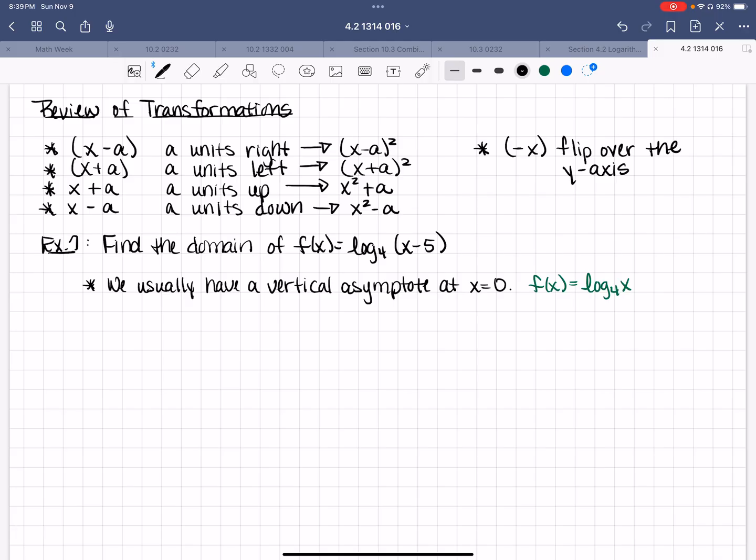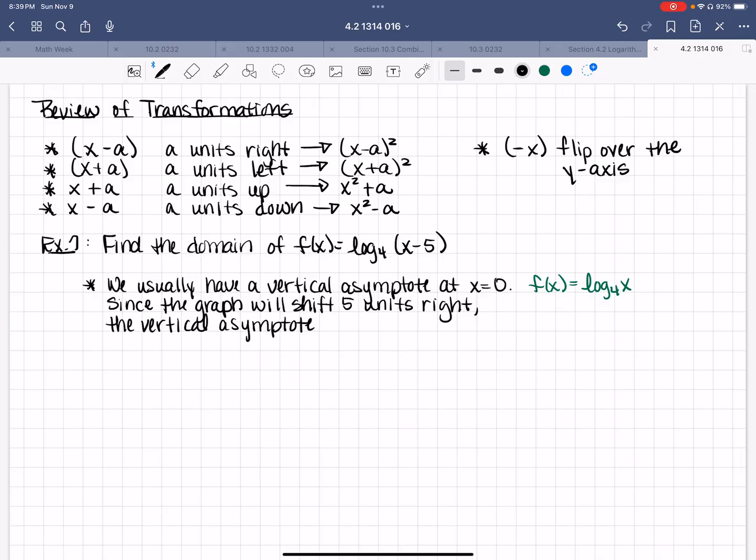Now, I also know that since the graph will shift 5 units right, the vertical asymptote will now exist at x equals 5.